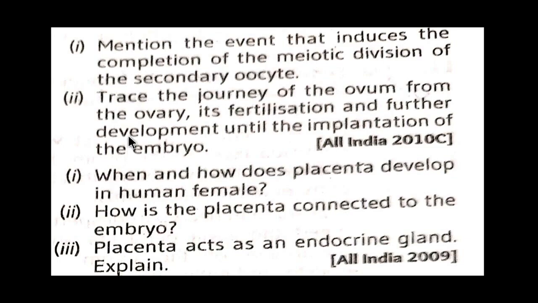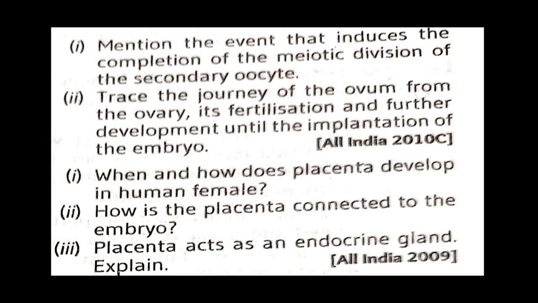So here you have to write down 8 points. So how will you write? So you have to just trace the journey of ovum from the ovary, then fertilization until implantation. So starting from the secondary oocyte is released by the rupture of Graafian follicle in the process called ovulation. So ovulation, then it moves in the fallopian tube with the help of the fimbriae.